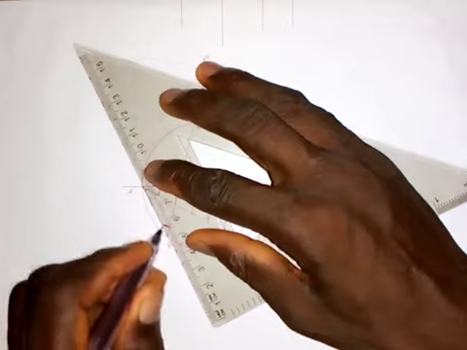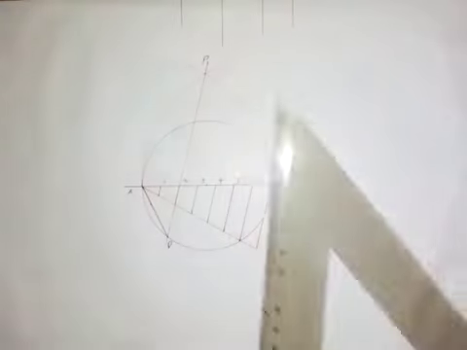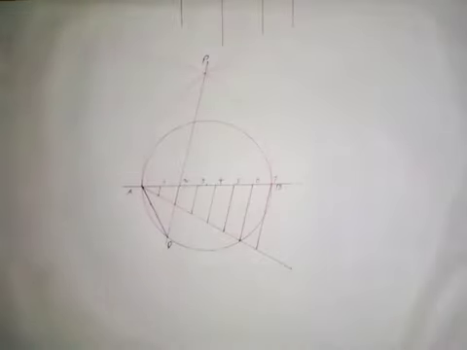So this line AD is the side of the heptagon. It's the first side.